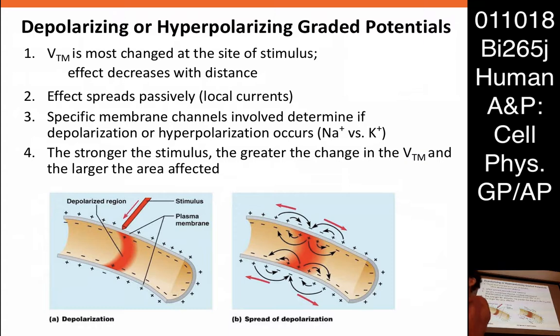That's going to become important later because I'm going to talk about AM versus FM, and I'm not talking about radio. I'm talking about amplitude modulated information encoding versus frequency modulated. Graded potentials are amplitude modulation. The amplitude of the signal is how we encode information with graded potentials.